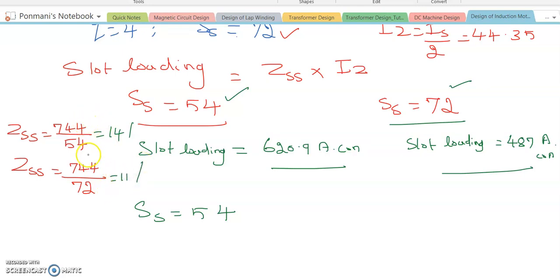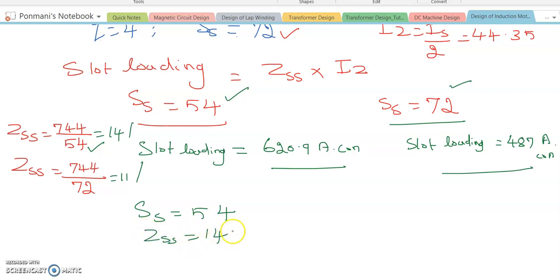So now we are going to choose this as the total number of slots. So for that, conductors per slot ZSS is 14.